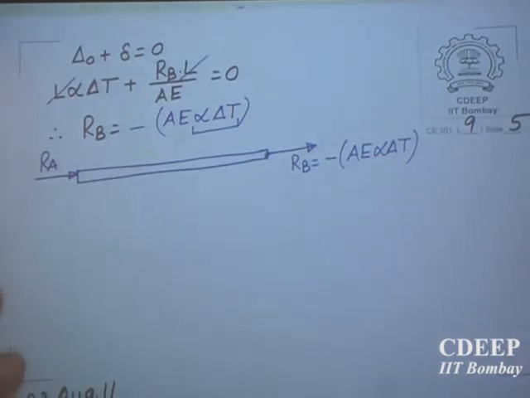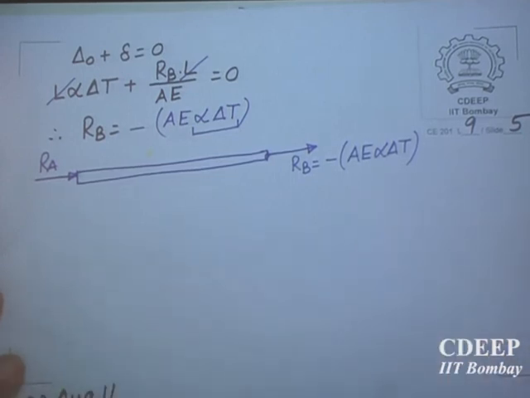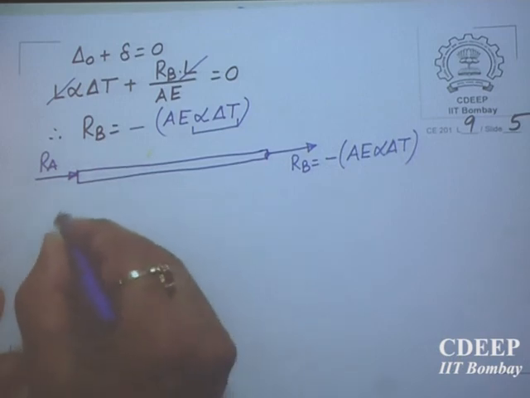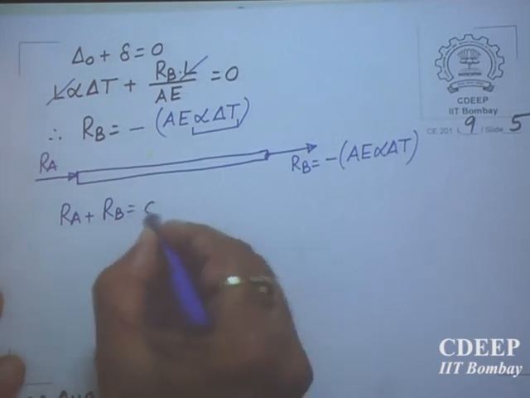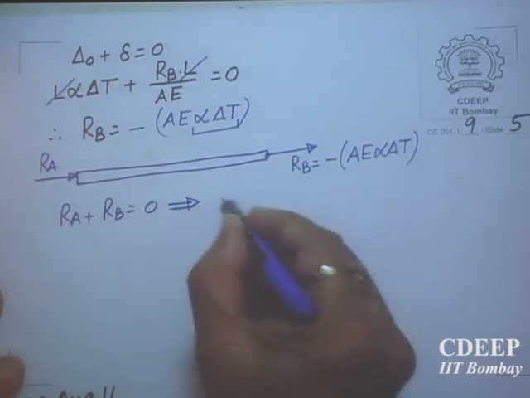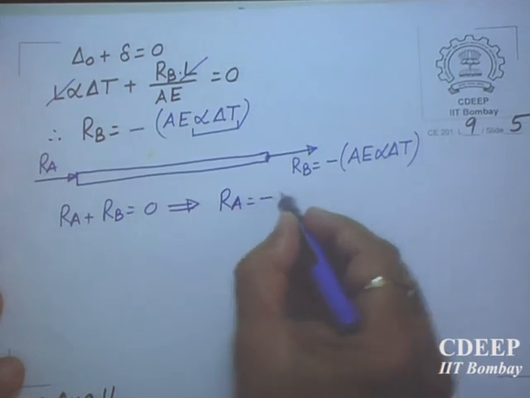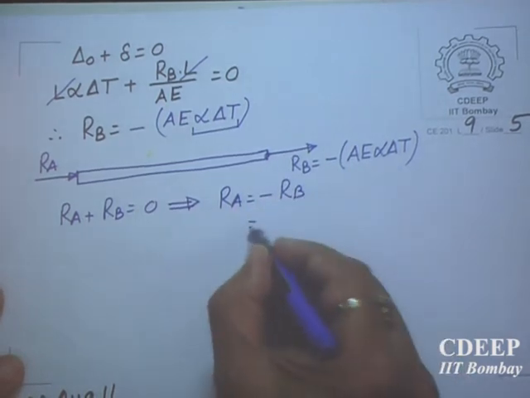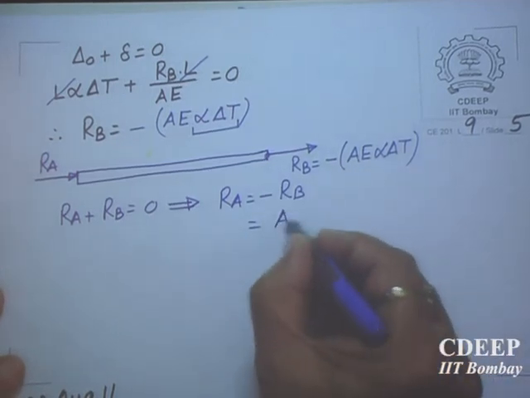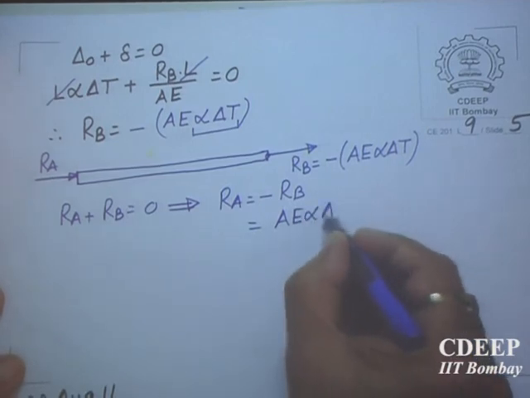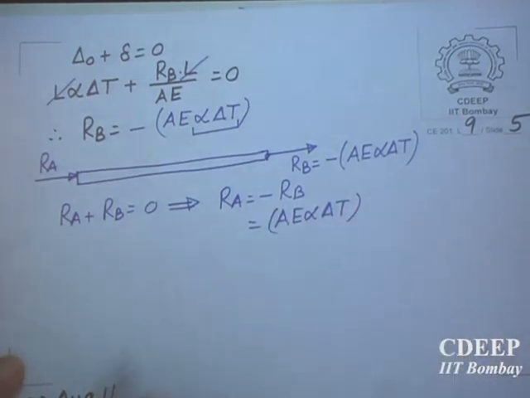Okay. So this is RB, and therefore, can you get RA also? Of course, because there are only two forces. So RA plus RB equal to 0. This gives me RA equal to minus RB. So RA will be equal to minus RB, minus minus plus, AE alpha into delta T. What about the signs, please?